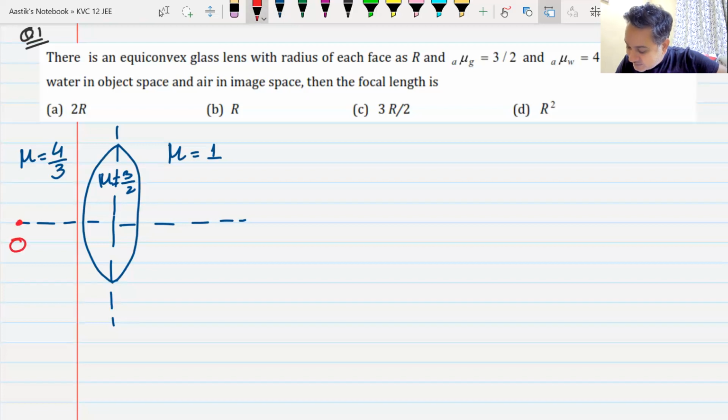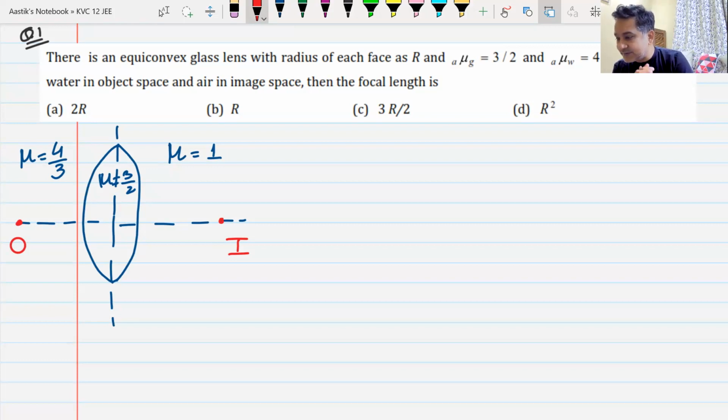Do we understand this? Yes, sir. And my image is supposed to be formed here. You have to calculate the second principal focal length of this combination.